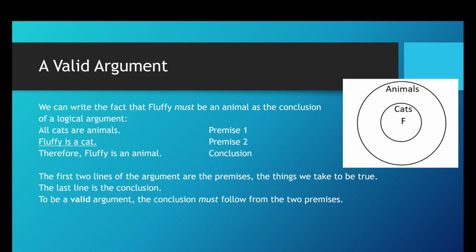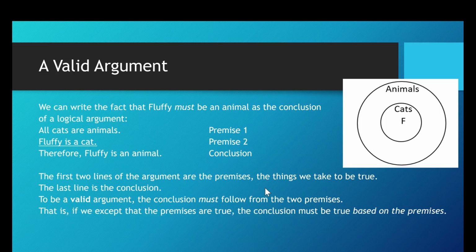Notice that I don't say in order for the argument to be true, because I could put silly nonsense things up here, and it could still be a valid argument if the conclusion follows 100% sure from the first two premises. So the conclusion is based on the premises. This argument up here is valid.